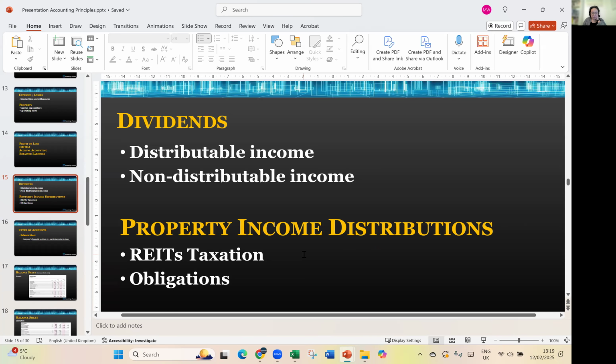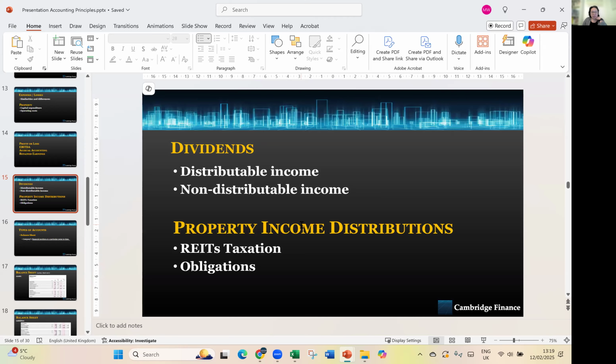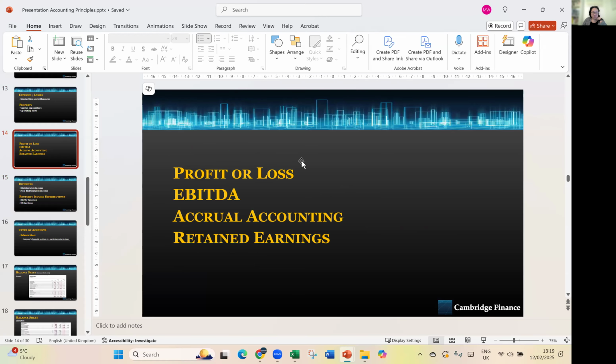Right. What else do we need to know in terms of accounting? The profit and loss, EBITDA is also a term that we use. In accounting, people use EBITDA a lot, whereas when we are looking at valuation, if you're a surveyor, we tend to talk about net operating income.